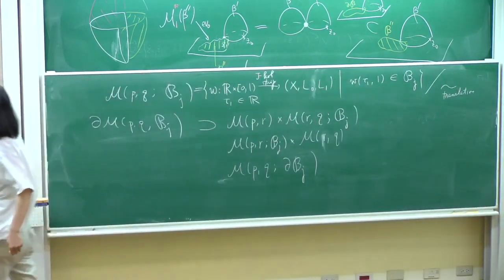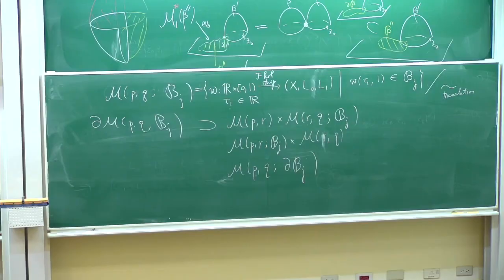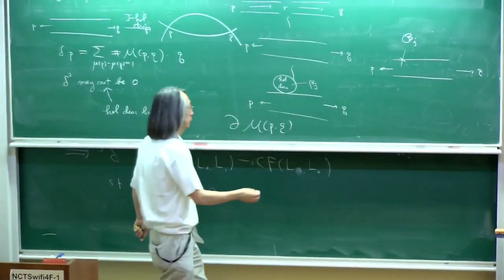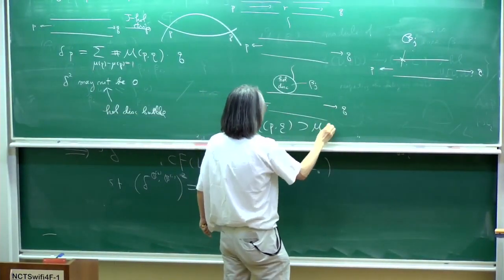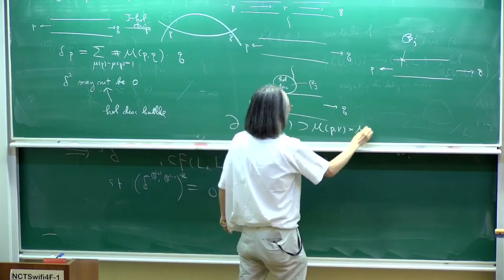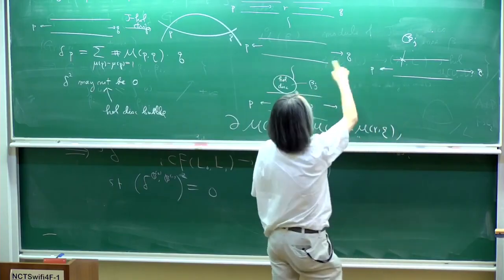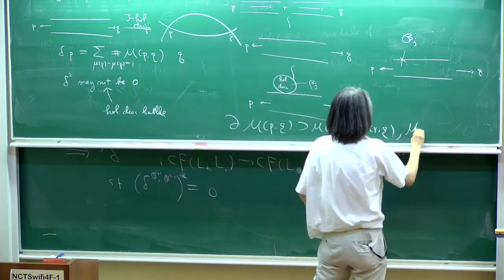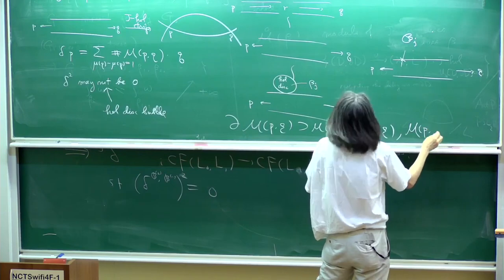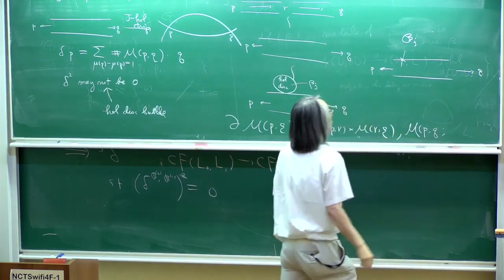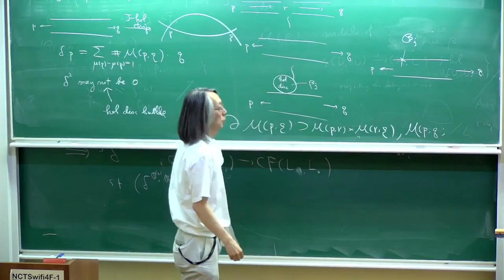Here it's a moduli space of strips, and if you take its boundary, it has some components. One of the components is M, P, R, M, R, Q. But another component is this sort of stuff. So this is M, P, Q, but with a bubbling holomorphic disk, right?